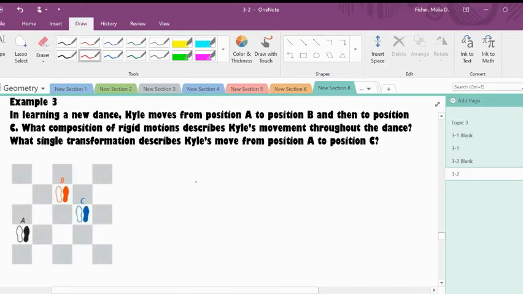So the first thing that he did was move two to the right and two up. He went over 2 and he went up 2. So he did that, and then to get from B to C, he went right 1, down 1.